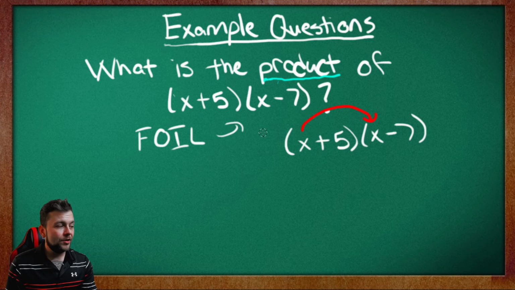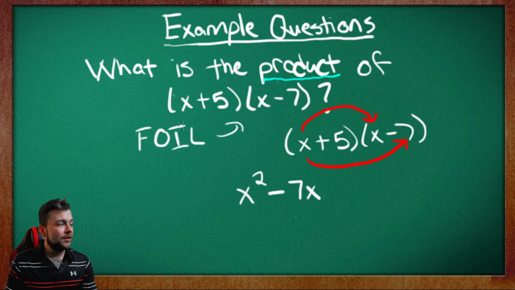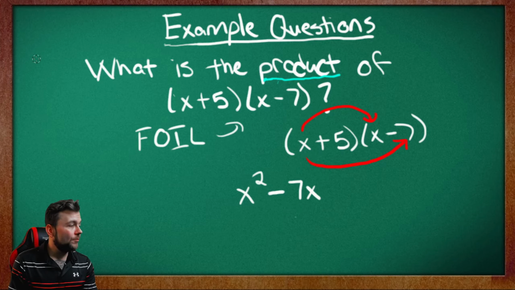And then your outside terms, so these are the first 2 steps we're going to do. We're going to do a couple of steps at once. So what is x times x? It is x squared. And then what is x times a negative 7? It is a minus 7x. Then we move on to our inside term.